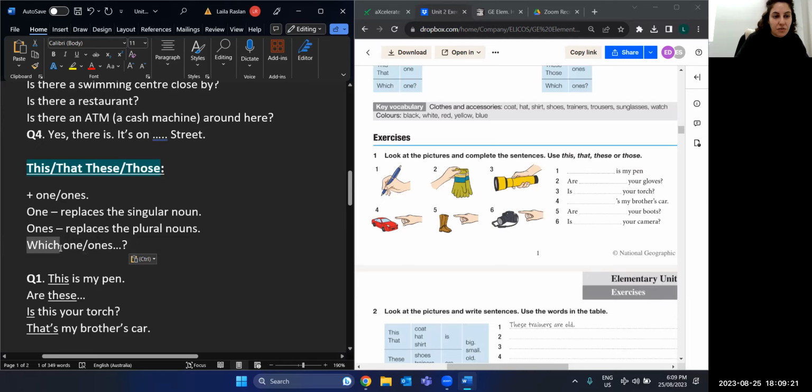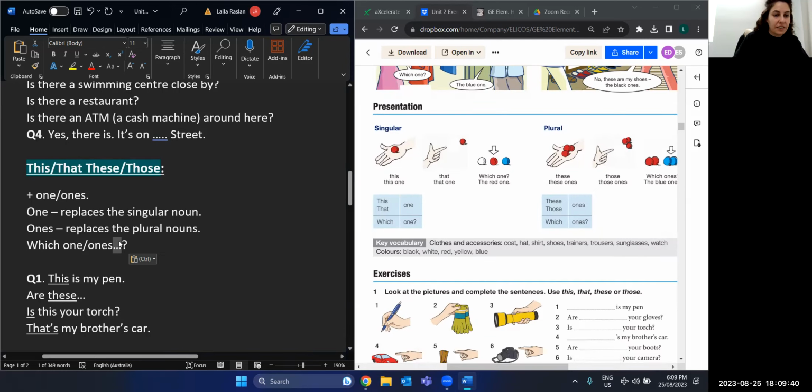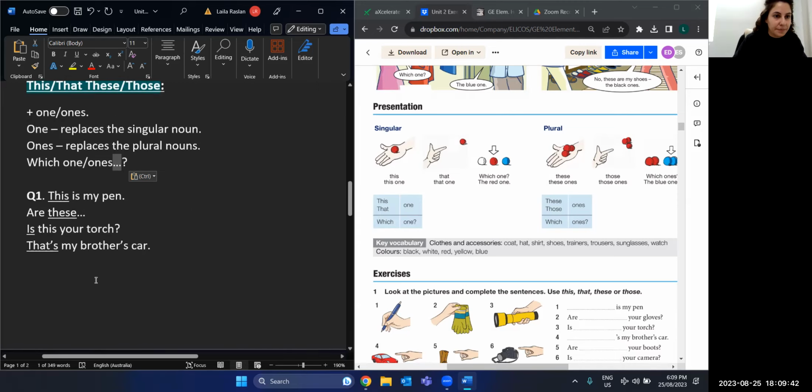So you put which first. We know when we start a question, start with one of the W's, which, what, where, why, who, and then put this one, which one, and then the verb to be, which one is yours, or which one do you want, whatever. It depends what the question is.